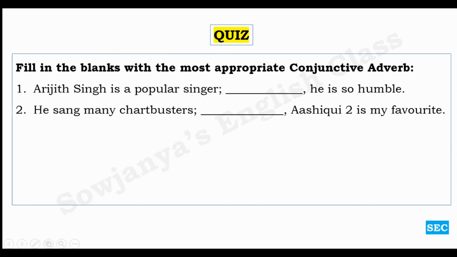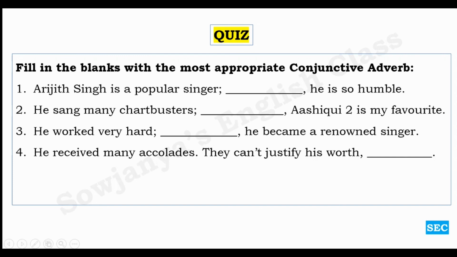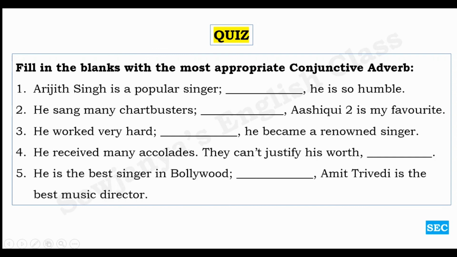Ashiqui 2 is my favorite. He worked very hard; he became a renowned singer. He received many accolades, praise, appreciation, accolades in a sense. They can't justify his worth. He is the best singer in Bollywood. Amit Trivedi is the best music director.